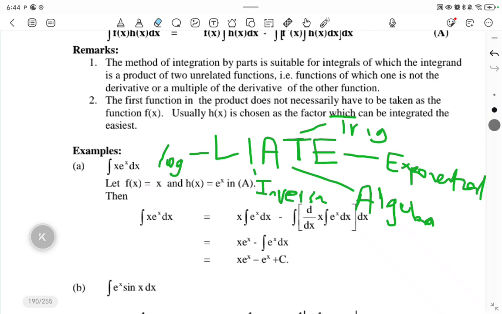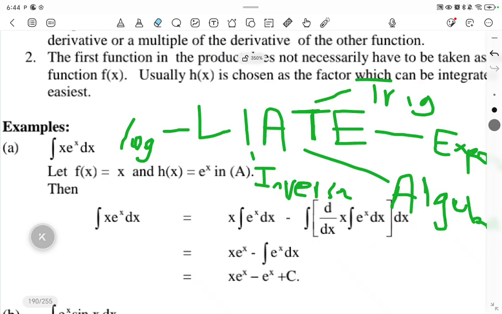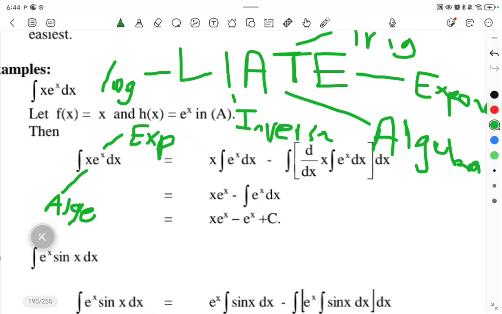So let's check which one comes first here. This one is algebra. This one is exponential. So the one that comes first is algebra, right? So we're going to let u be algebra and let e to the x be exponential. But that formula says this.